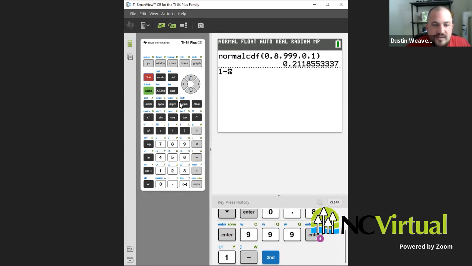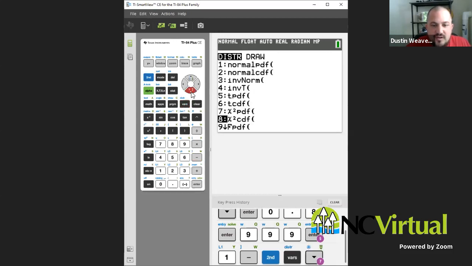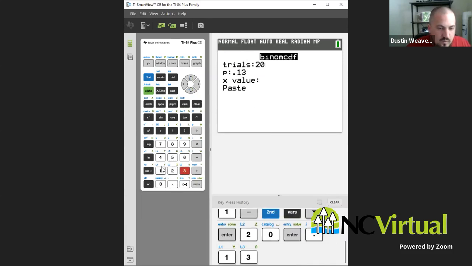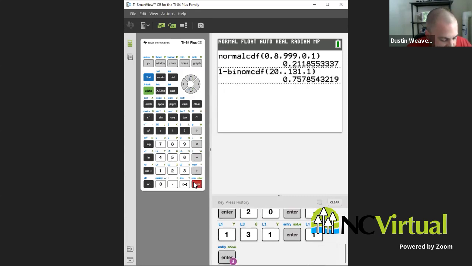So 1 minus, under distribution, scroll down to binomial CDF, 20, 0.131, and 1. And you get a probability of 0.7579 if you round that to 4 decimal places. So there's about a 75% chance of winning some prize at least twice.